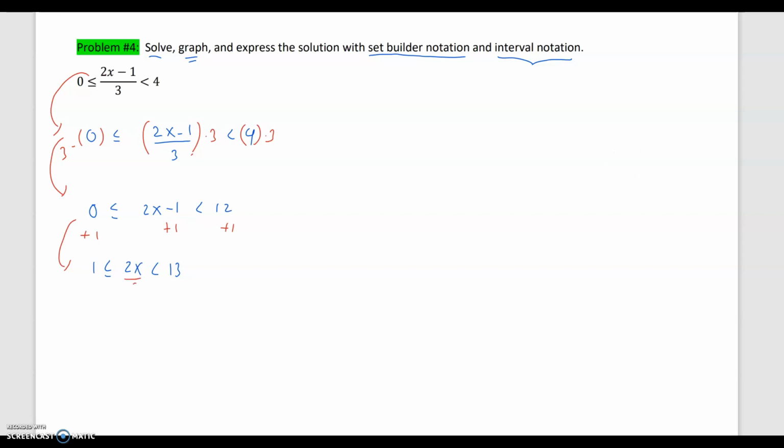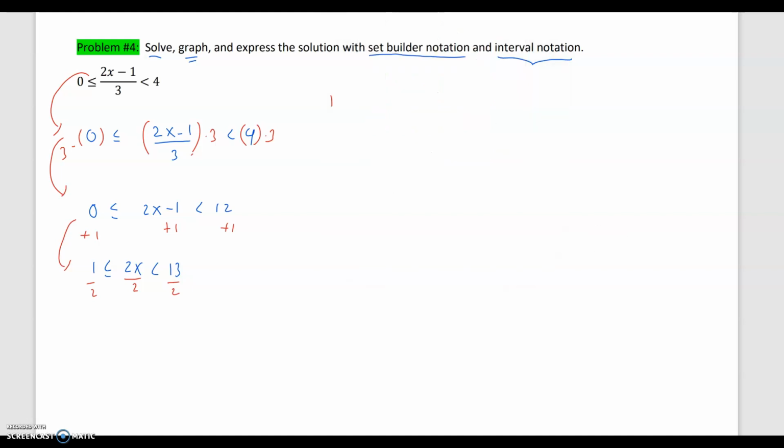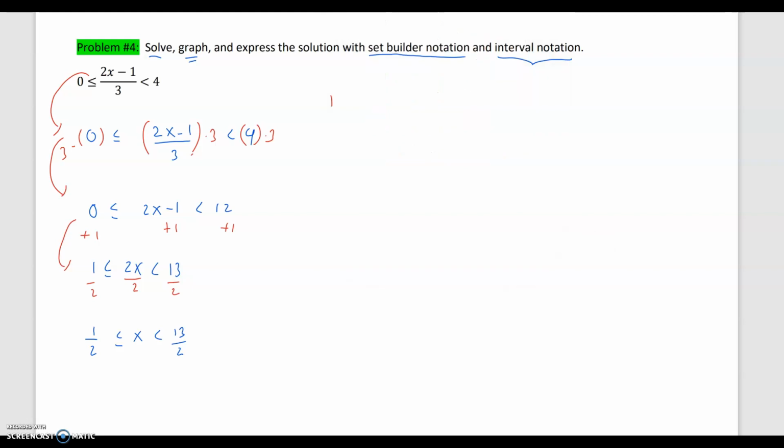Then we're going to be dividing by 2. And we're going to end up with a half less than or equal to x less than 13 halves, which is our actual solution.